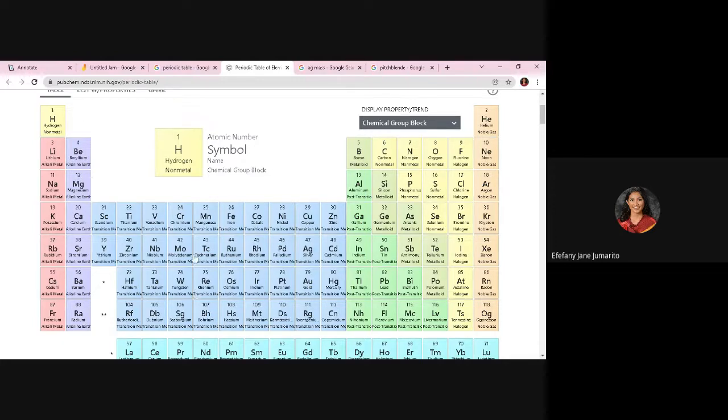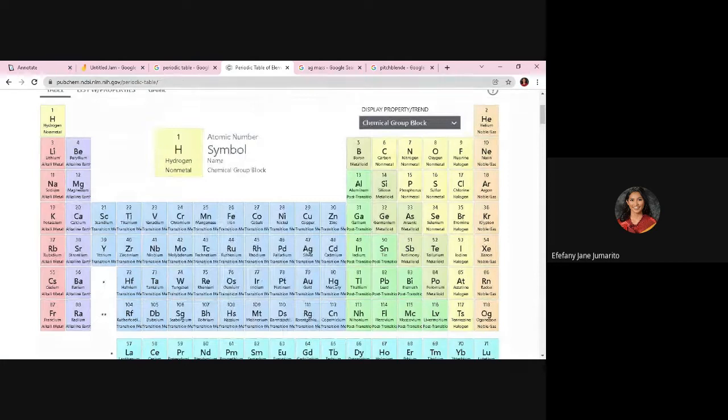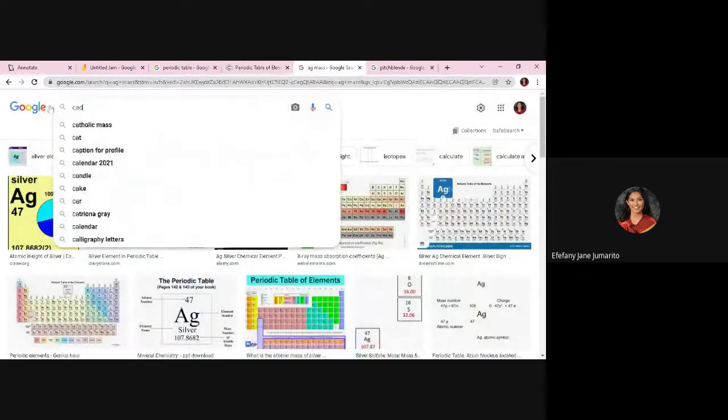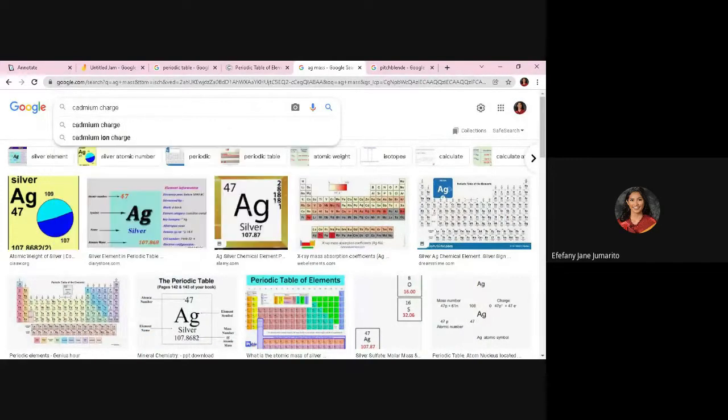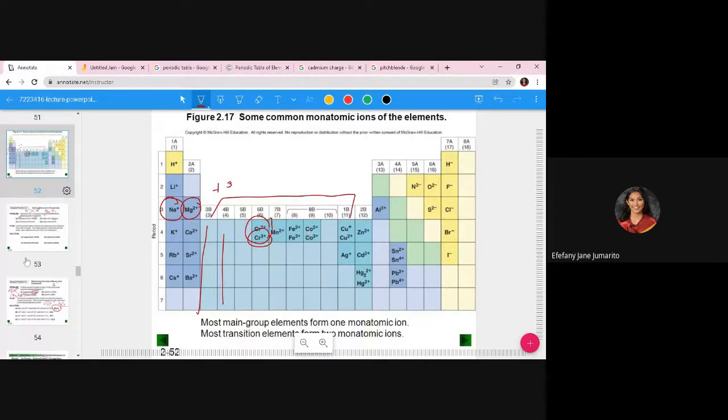When we go to transition metals, it is different. Let's look for the charge of cadmium. Its charge is positive 2. Okay, positive 2 for cadmium.